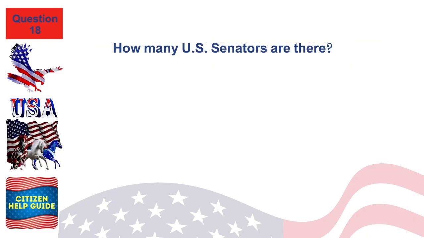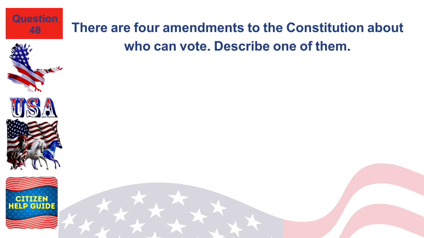How many U.S. senators are there? 100. There are 4 amendments to the Constitution about who can vote. Describe one of them.